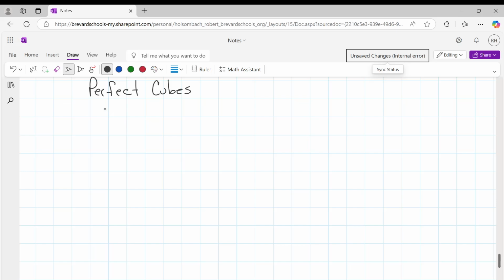The first perfect cube would be 1, because 1 to the third equals 1. Okay? The next thing you do to find the next perfect cube is you take 2 and you cube it. You can do it in your calculator. You can take 2, and then you want the button where it raises a power to a variable.